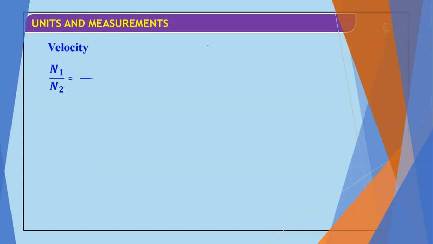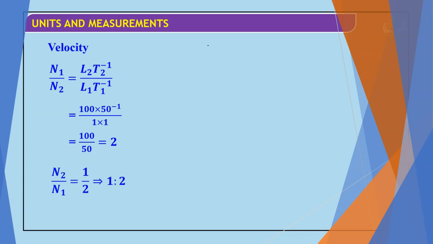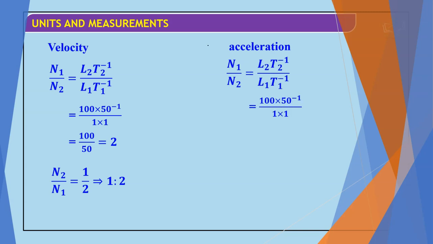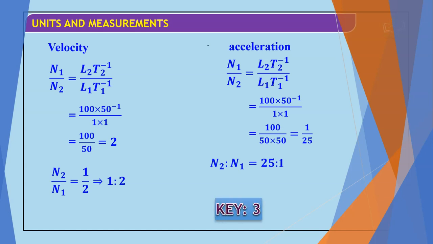Now for velocity, N1 by N2 is equal to U2 by U1. We put all these values and we receive 1:2. The same way for acceleration, N2 by N1, we get 25:1. So according to that, the correct option is 3.